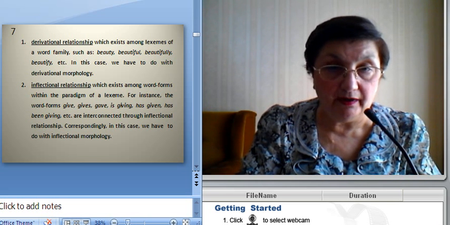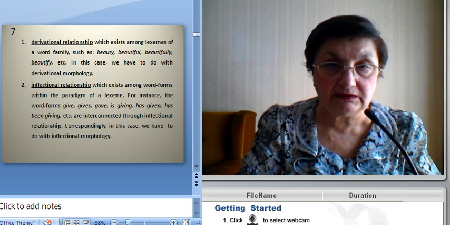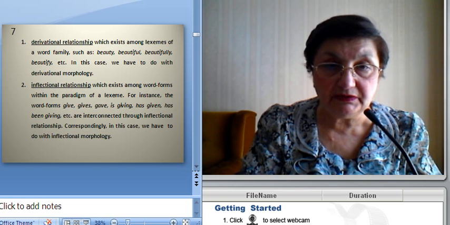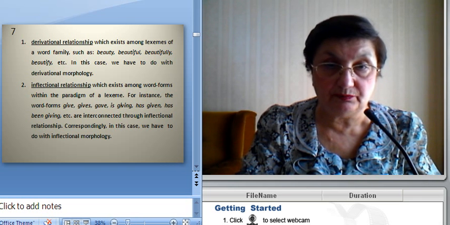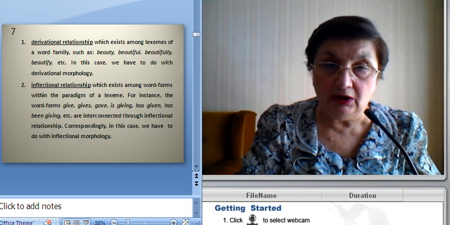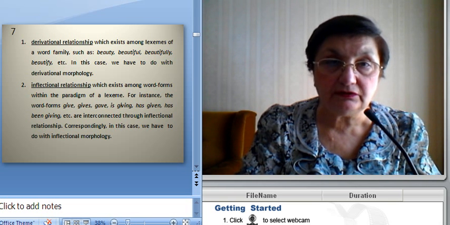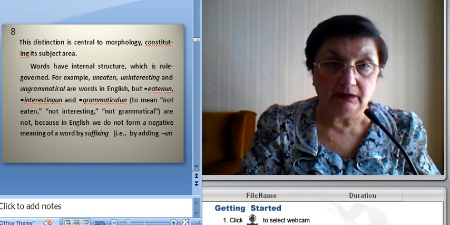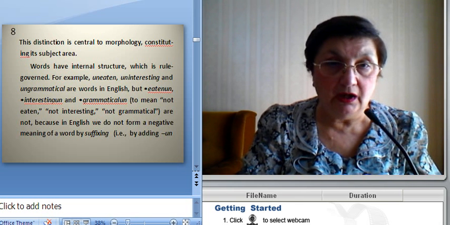For instance, the word forms give, gives, gave, is giving, has given, has been giving, etc. are interconnected through inflectional relationship. Correspondingly, we have to do in this case with inflectional morphology. This distinction is central to morphology and constitutes its subject area.